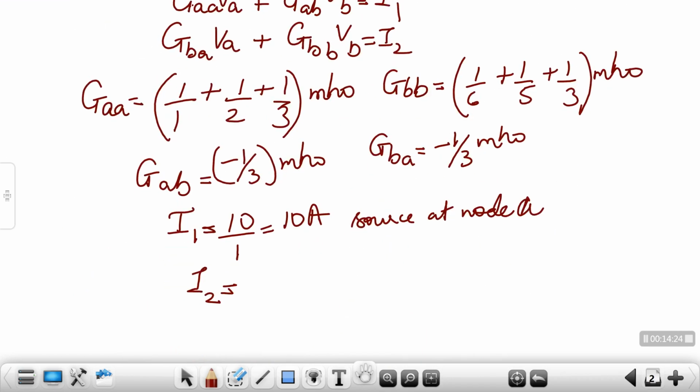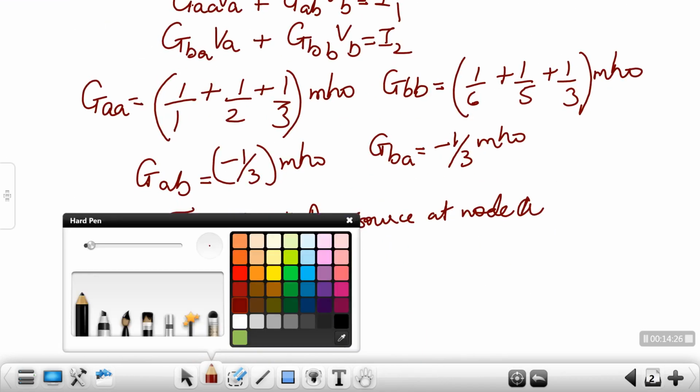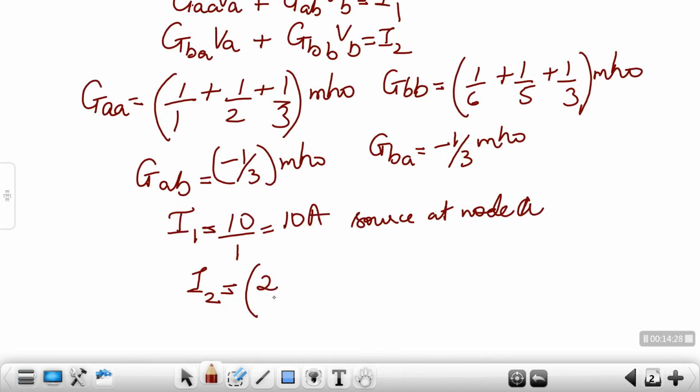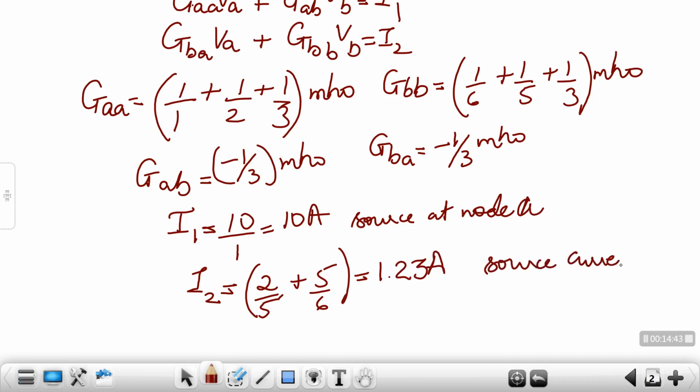That will give you your I2. So it will be 2 upon 5 plus 5 upon 6, that is equal to 1.23 amperes. This is the source current at node B.